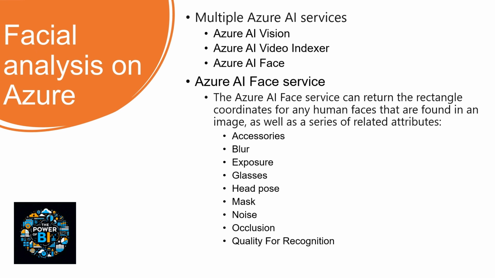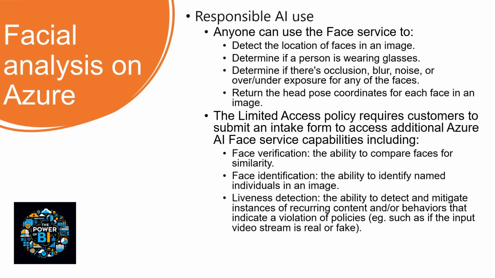Occlusion determines whether there might be objects blocking the face in the image, and quality for recognition gives us a rating of high, medium, or low that reflects whether the image is of sufficient quality to attempt facial recognition. It also comes with responsible use of AI. Anyone can use the Face service to determine whether a person is wearing glasses, the location, as well as any obstacles in between, and it also returns the head pose coordinates for each face in the image.